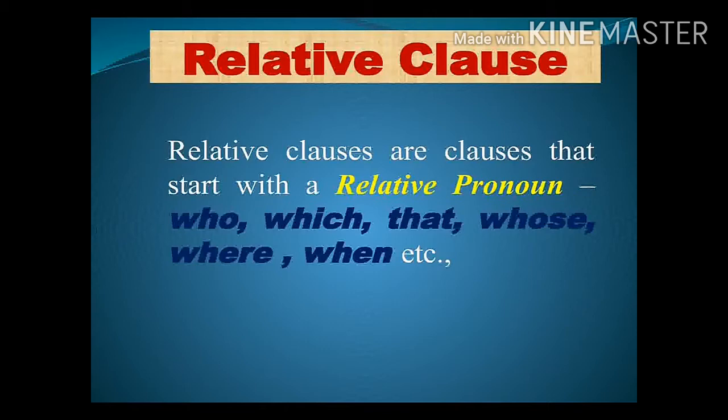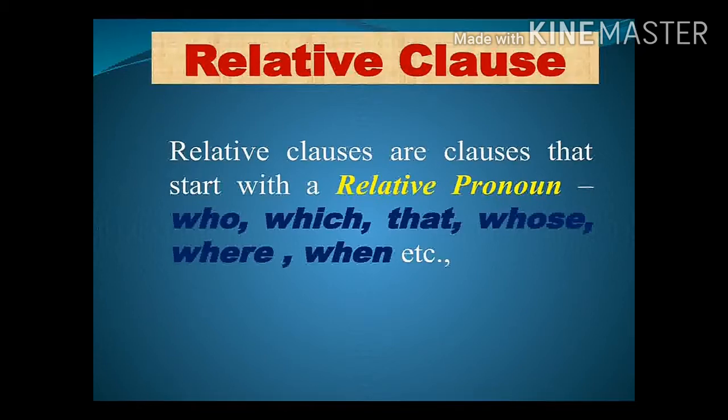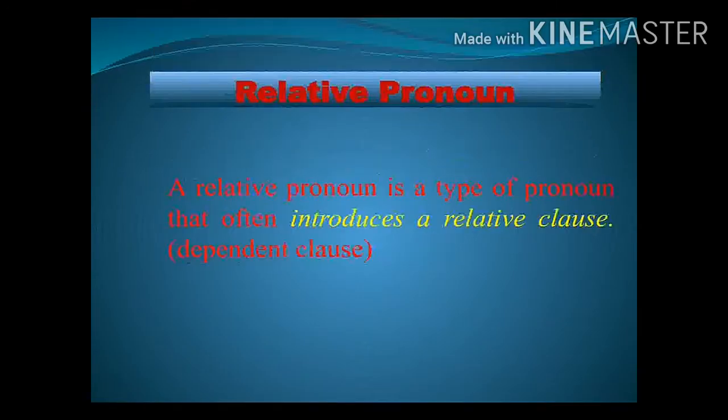So when we add a relative pronoun to a finite verb, it becomes a relative clause and it relates a noun to the rest of the sentence. Before some examples, let us see what a relative pronoun is. A relative pronoun is a type of pronoun that often introduces a relative clause: first the relative pronoun, next a finite verb, and an object or complement.